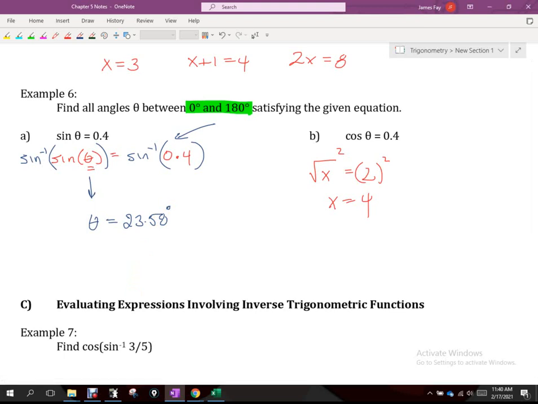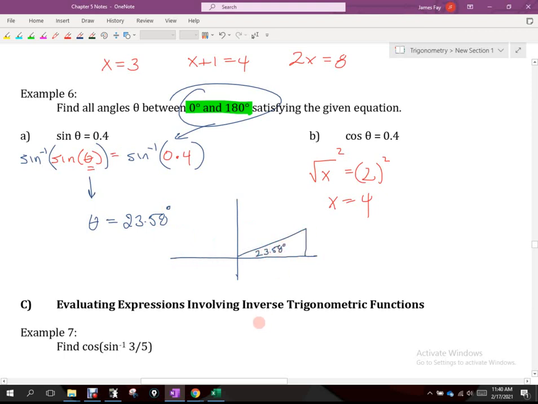We are wrong because we're not thinking about what the interval for our solutions was and what we know about the sine function. The sine function is opposite over hypotenuse, right? So if that's 23.58 degrees, what we're seeing is that whatever this number here is, divided by that number right there, that's opposite over hypotenuse.